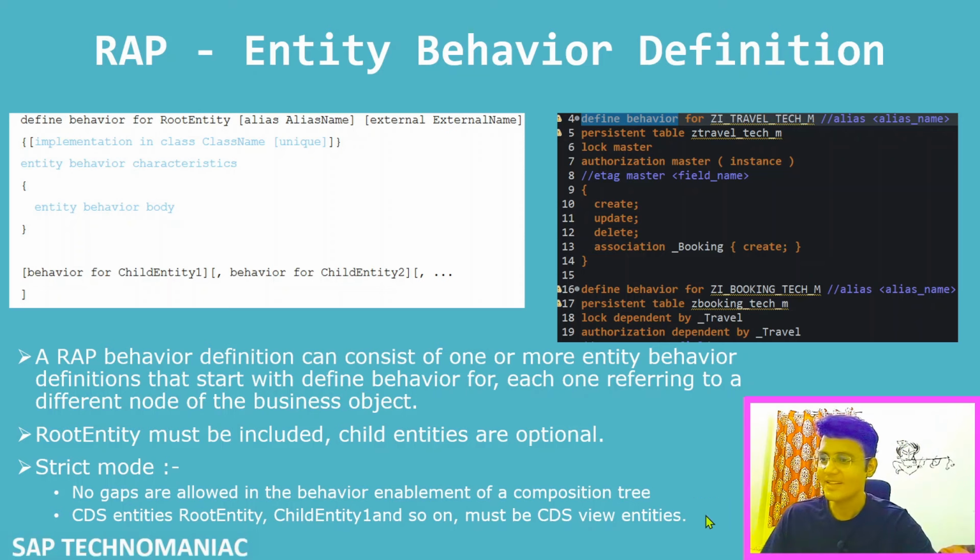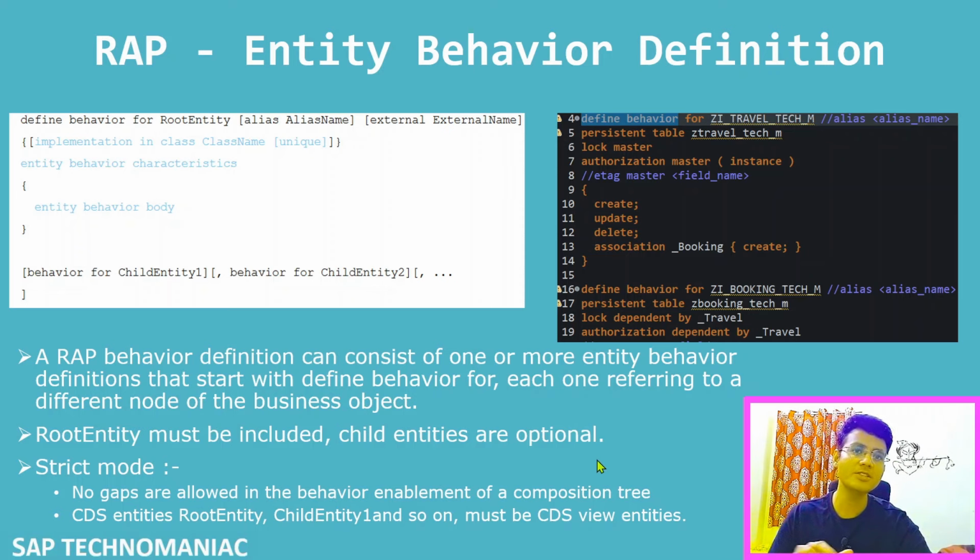That's it. And apart from that gap rule, one more important thing is that whenever we are using strict mode, whatever entity we are defining should be a CDS entity only. You can't use a DDIC based CDS view in strict mode. As I told you, strict mode checks for obsolete things, and whenever you use something obsolete, it will give an error.